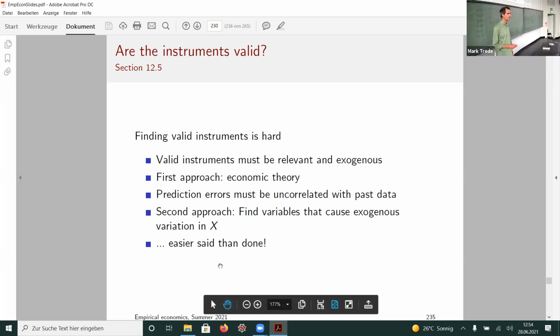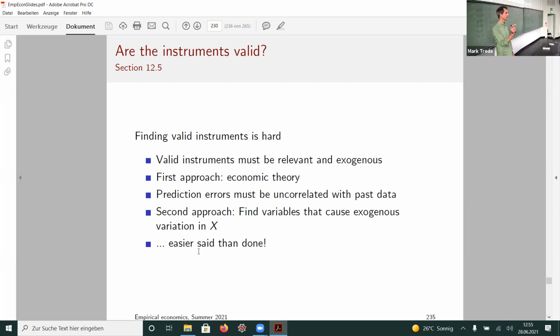I don't know if you've done that in the exercises maybe, that's by Krüger, a nice paper, pretty old. And they looked at the sex of the first two children a couple has. So if the first two children have the same sex, then the couple has a much higher probability to have a third child than if they are not the same sex.